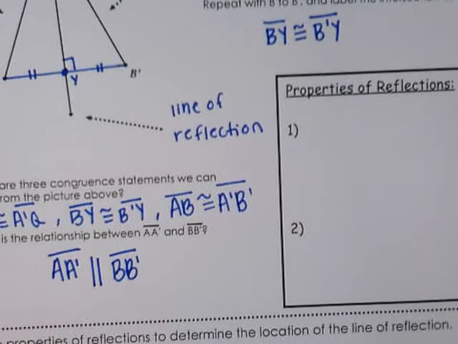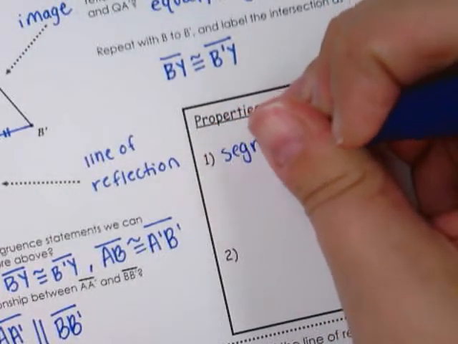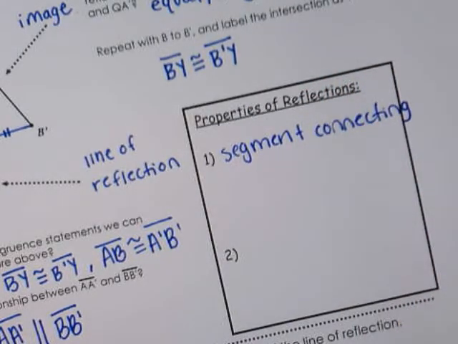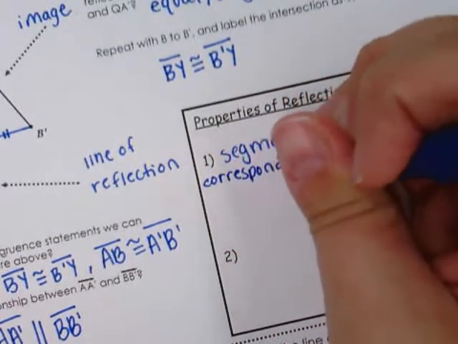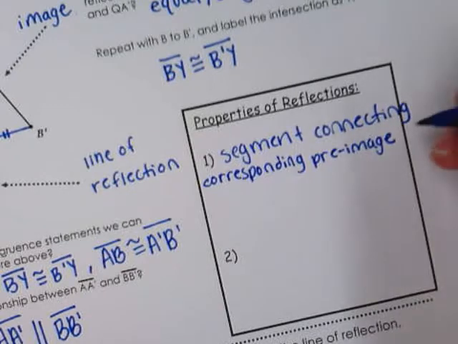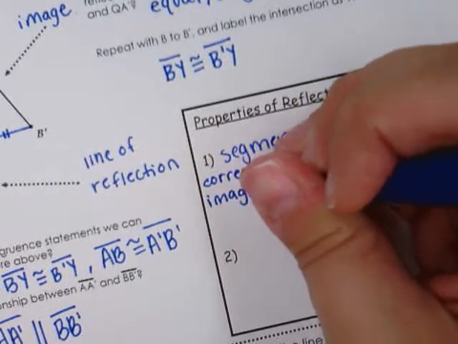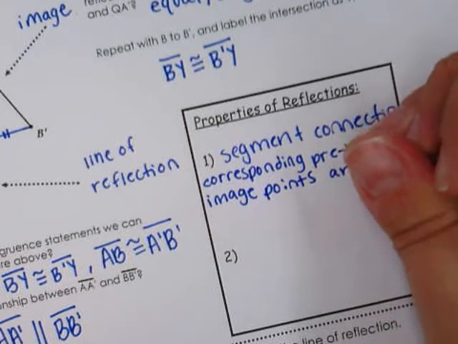All right, so now let's look at the major properties of reflections. There are two big things that we just saw today that are really important to remember. And the first one being that segments connecting corresponding pre-image and image, that's the before and after, pre-image and image points are perpendicular.